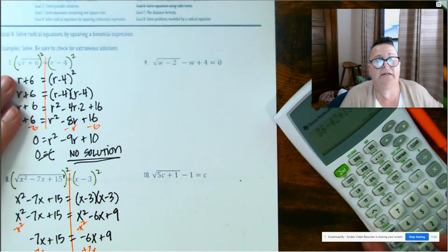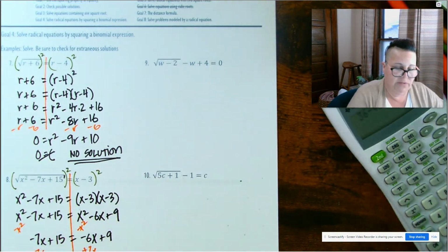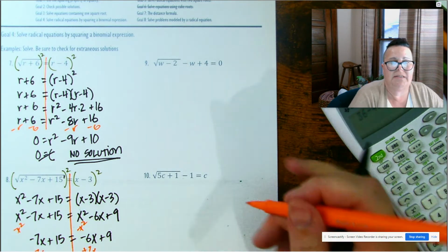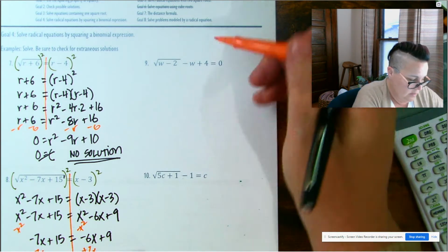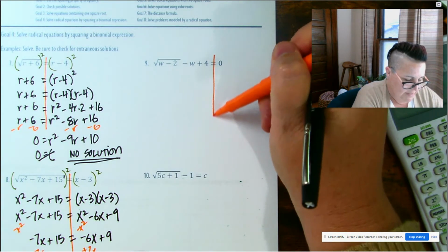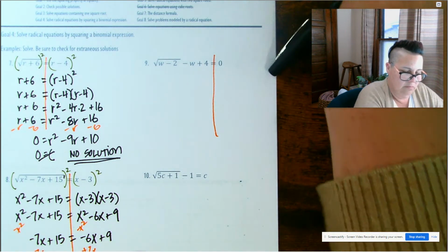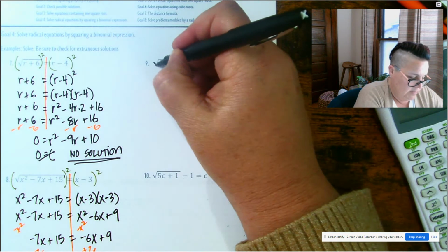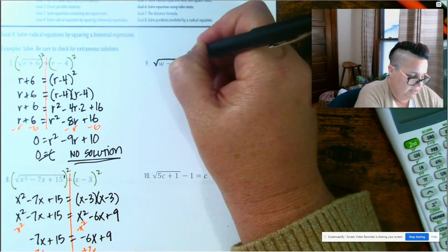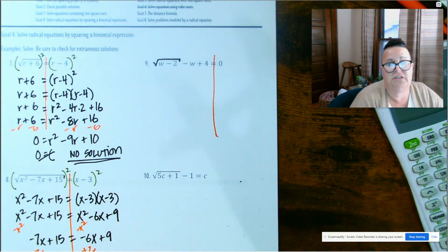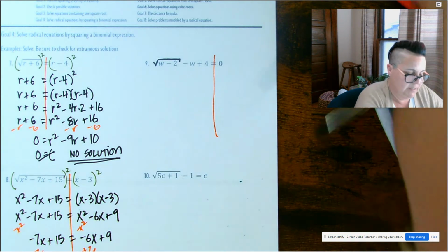Trying number 9. Number 9, we have the square root of w minus 2 minus w plus 4. I'm going to do the left side, right side again. I want to look for my square root. This is going to be the square root of w minus 2. All of that is underneath the square root. That's what I'm trying to isolate.